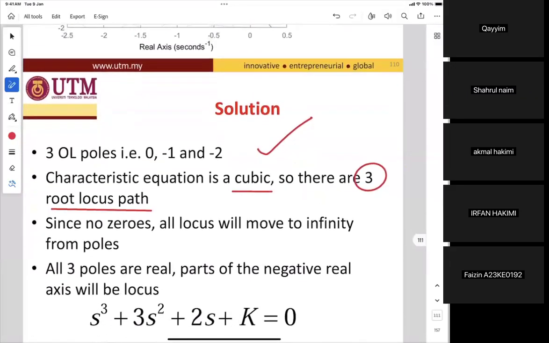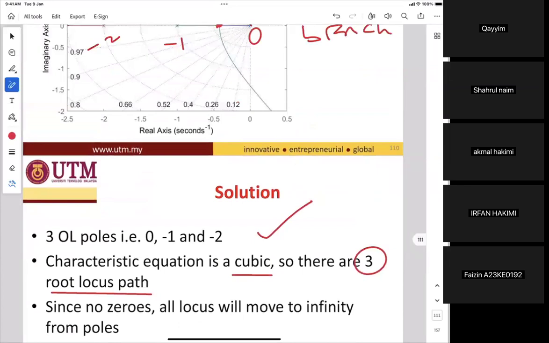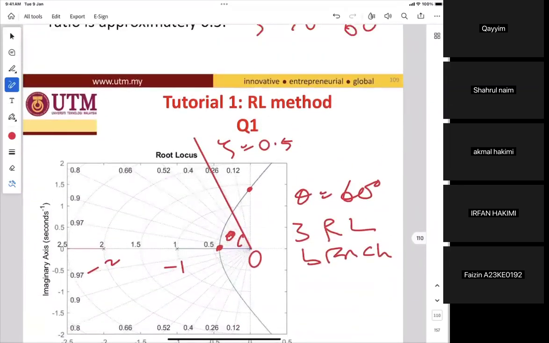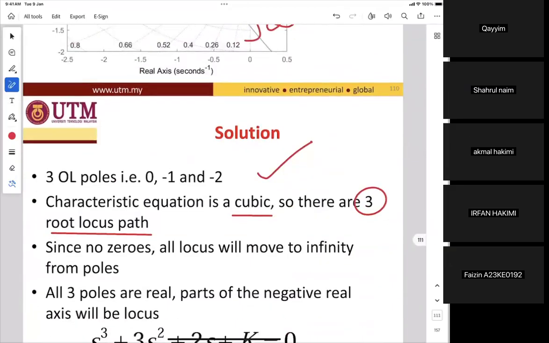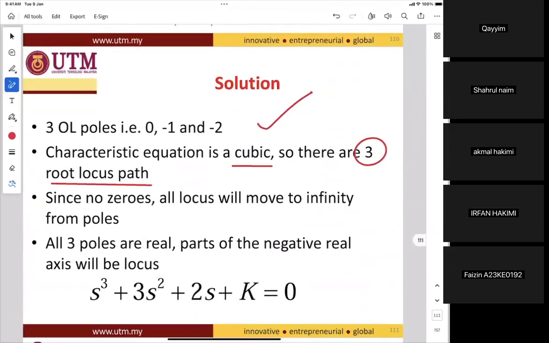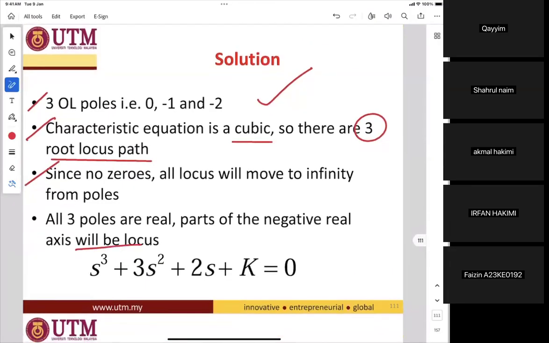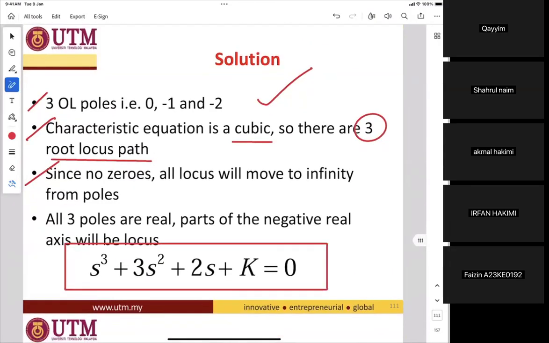No zeros, so all loci will move to infinity, ending at infinity. All 3 poles are real and on the negative axis. So this is the characteristic equation.